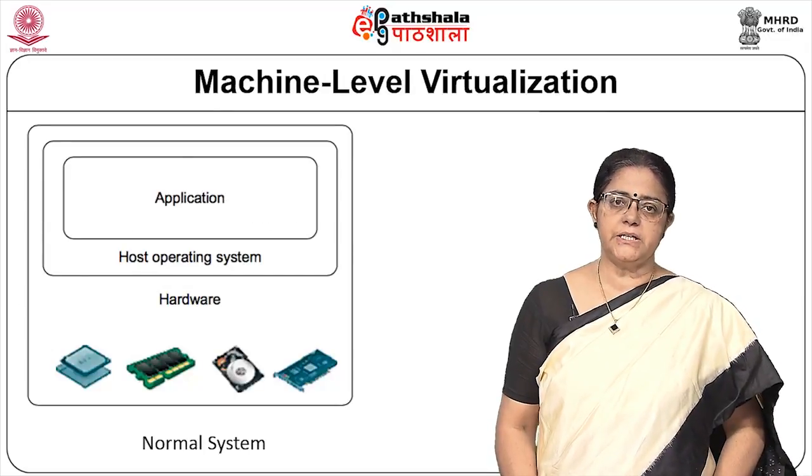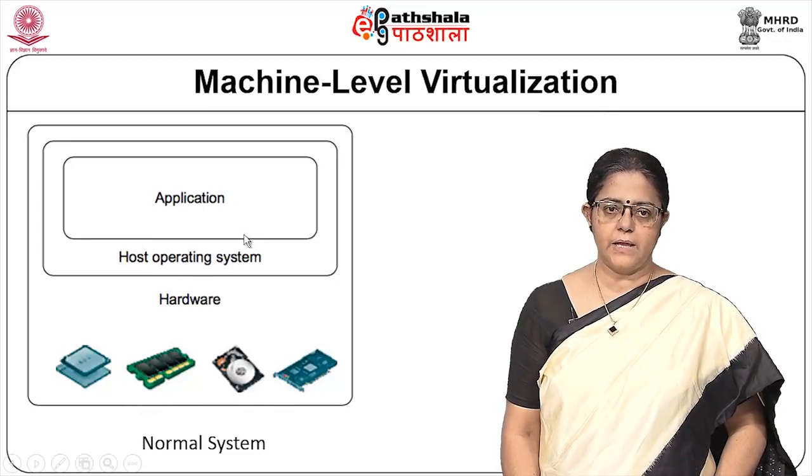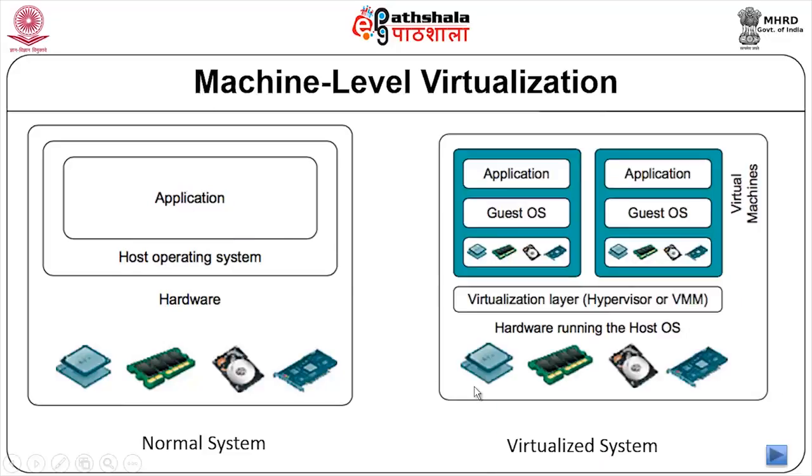So, this is our machine where we have the hardware, we have the operating system on top of that, and then we have the application. When we virtualize, as we already have seen, on top of the hardware, the virtualization layer, which is called hypervisor or VMM, depending on the environment, comes, and on top of that, rather than only the application, we bring in a combination of application and the specific operating system that the application wants.